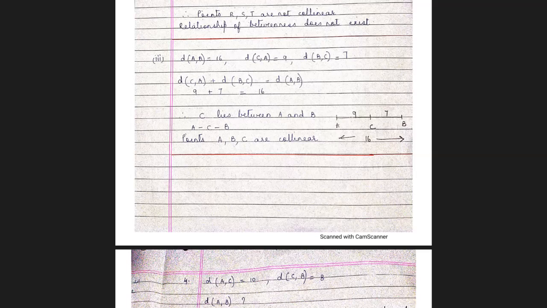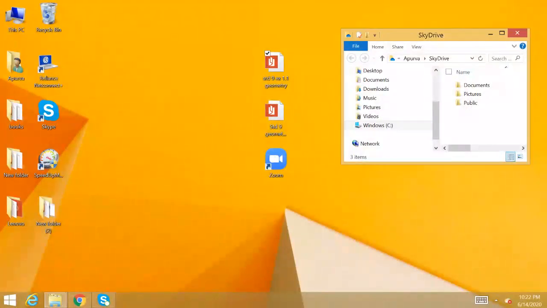See, in this case, CA is 9 and BC is 7. That means C lies between A and B. And 9 plus 7 gives you 16, which is the distance of A, B. So those are the 3 questions from this particular question.